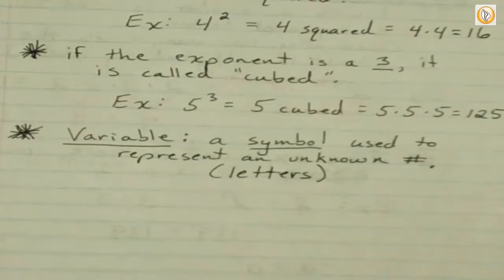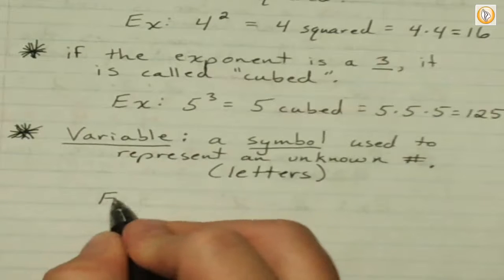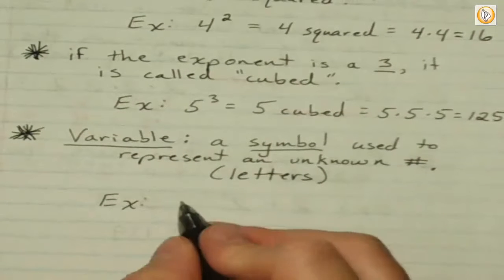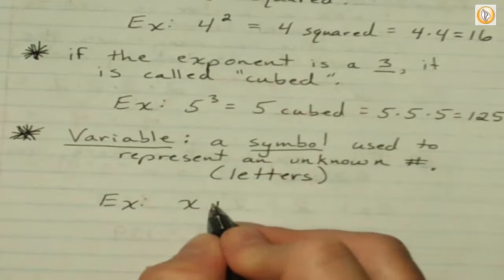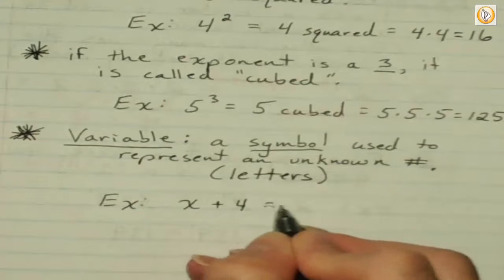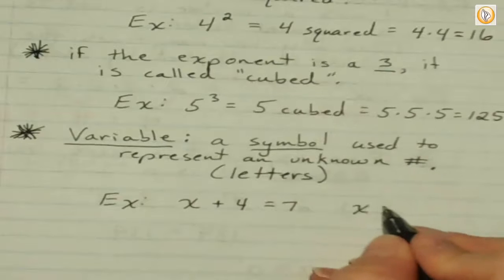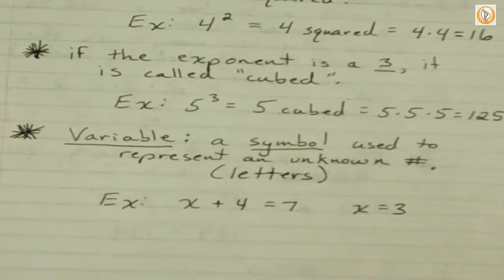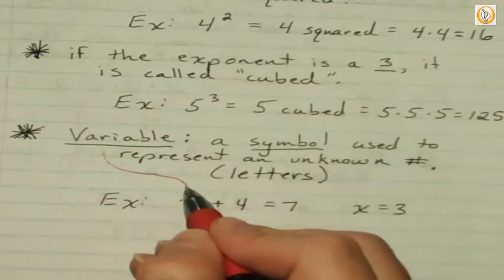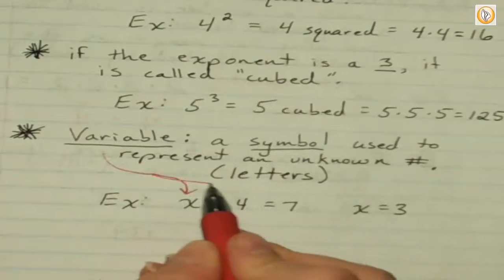And really, it doesn't have to be just letters in algebra. For example, x plus 4 equals 7. x equals what? 3. The variable is x.